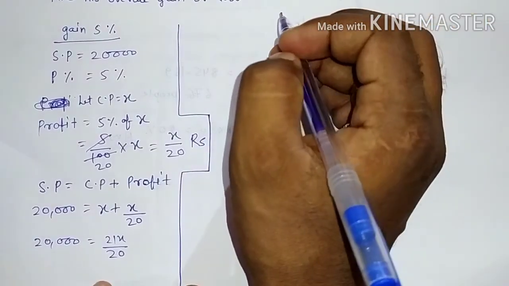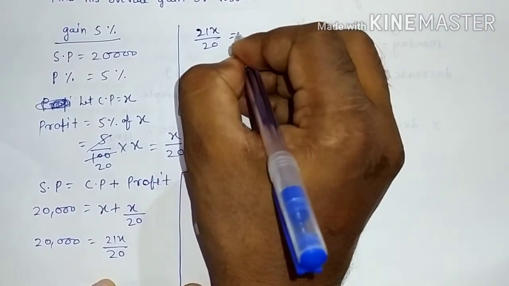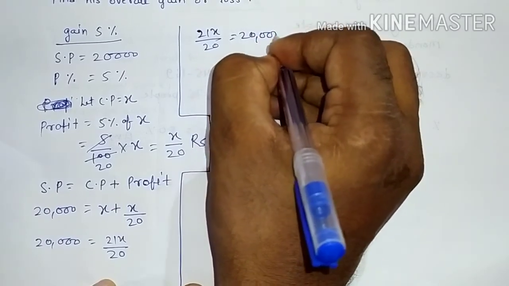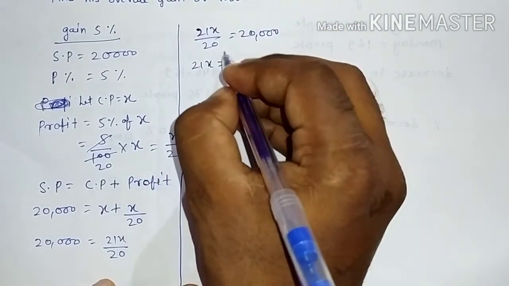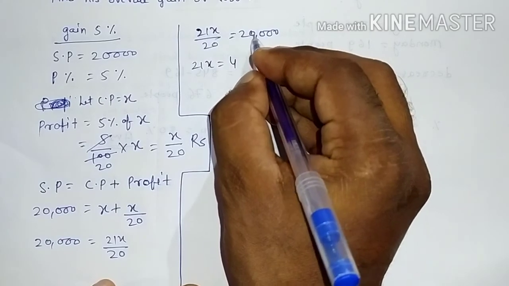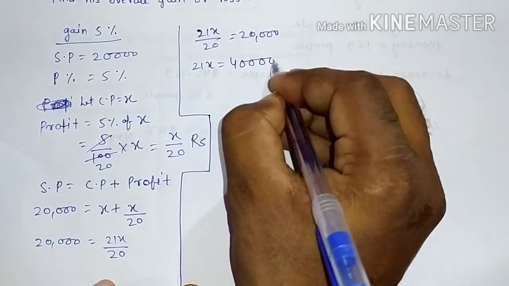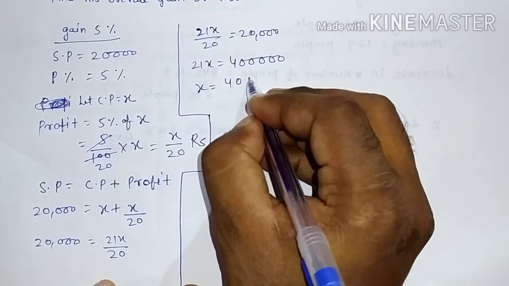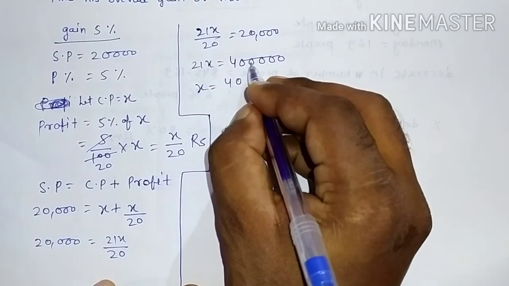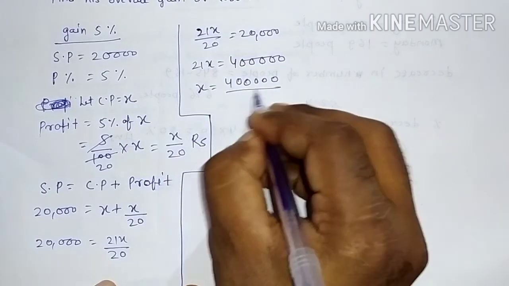Now 21x upon 20 is equal to 20,000. So 21x equals 2 into 4, and 1, 2, 3, 4, 5 zeros are there. X equals 40 with 1, 2, 3, 4, 5 zeros upon 21.